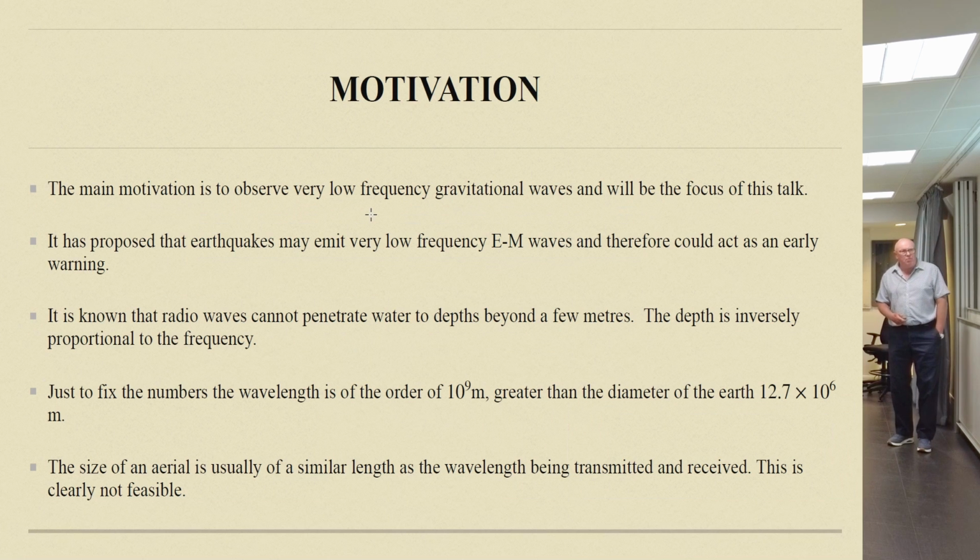Usually if you have a dipole aerial, it's a similar size to the wavelength that you want to get, so this is totally out of the question. Therefore we have to find another way of doing it, and that's really what we set about doing, to see whether we could do it or not.